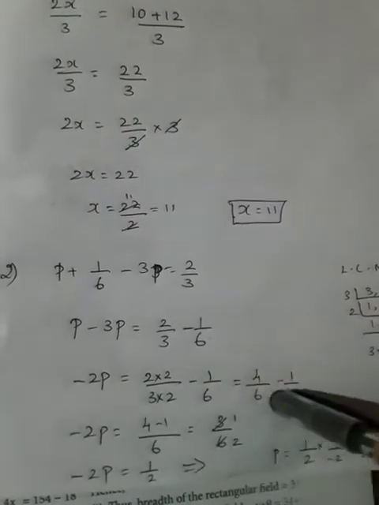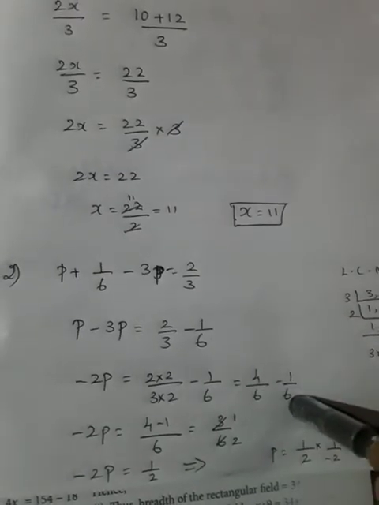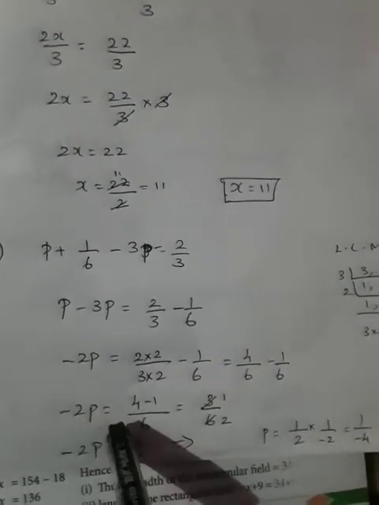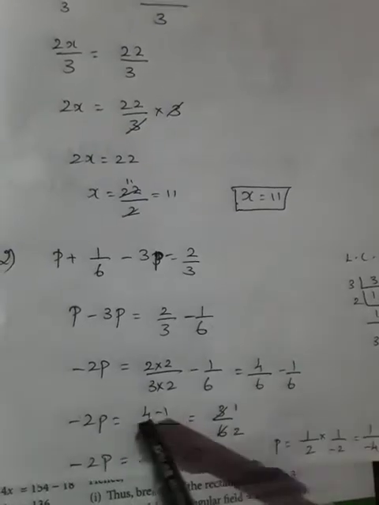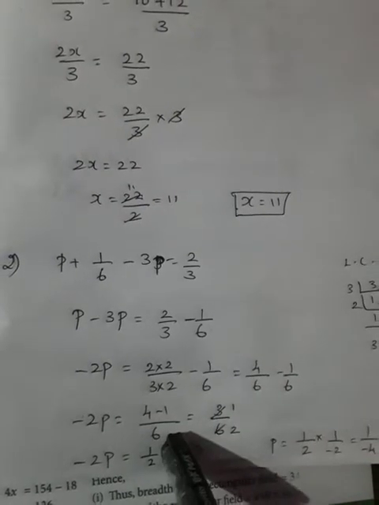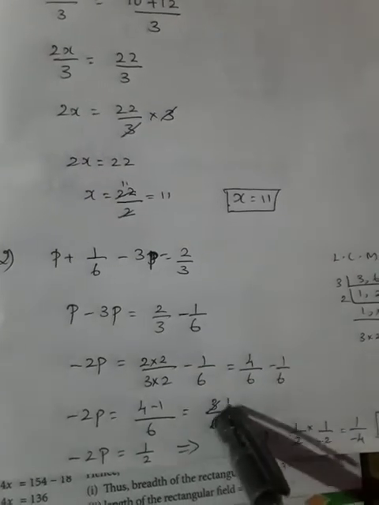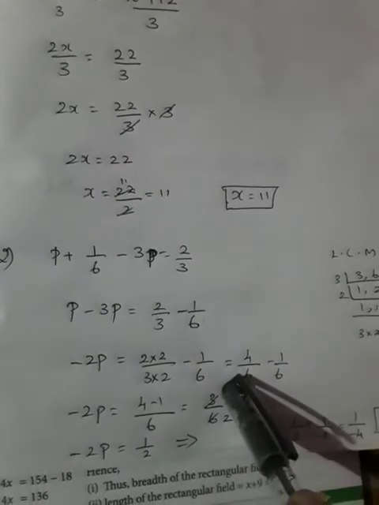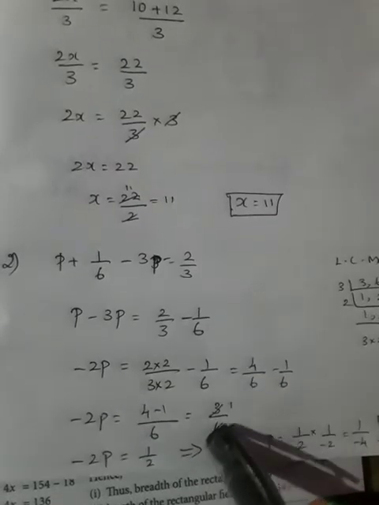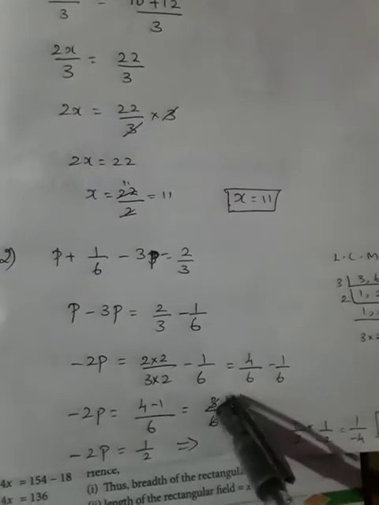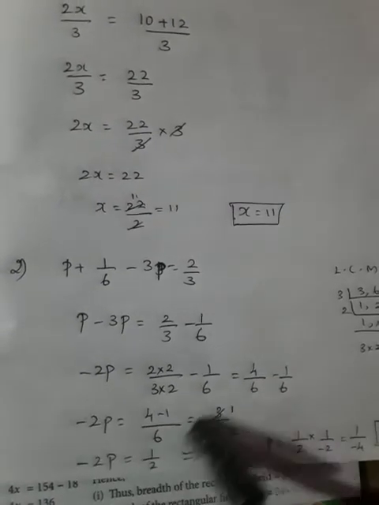So 2 2s are 4 by 6 minus 1 by 6. Now minus 2p is equal to, since the 6 and 6 are common, you just write it as one 6. After that, 4 minus 1 is equal to 3. So 3 by 6, and both can be cancelled by 3. 3 ones are 3, 3 twos are 6. So what remains is minus 2p is equal to 1 by 2.